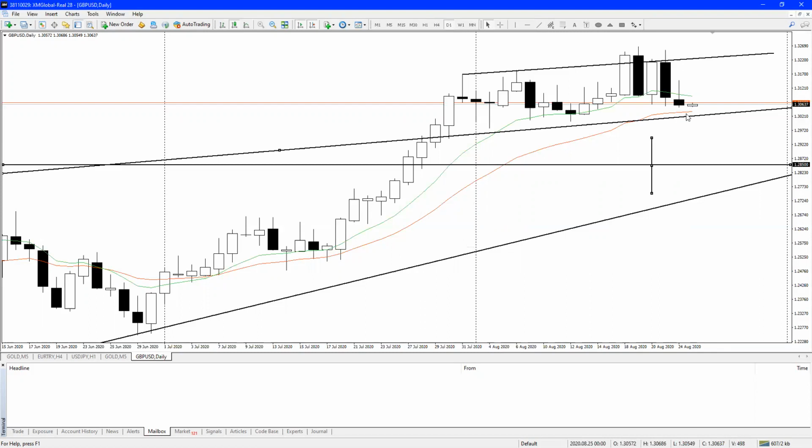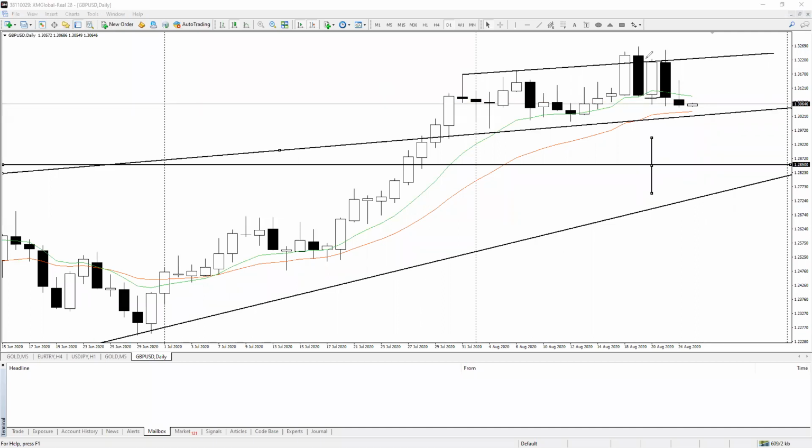If the 10 crosses the 20, we are bearish, but we are still bullish. But according to our naked candlestick analysis, we are bearish for now because this candle has been taken out. As soon as this guy is taken out, we have a firm confirmation of a drop, and with the drop, our TP is this guy.